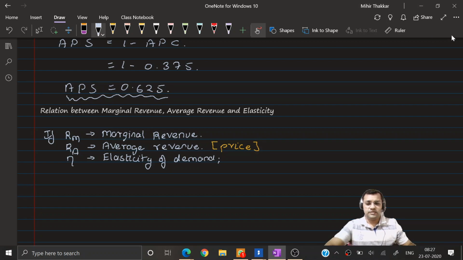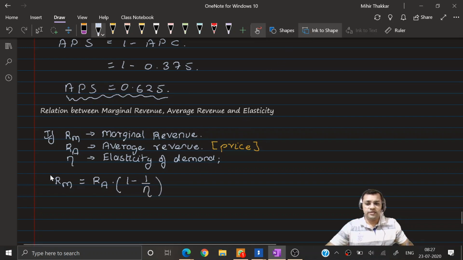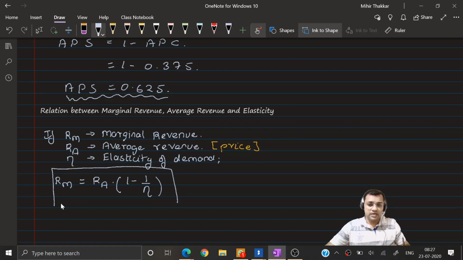then in that case, RM is equal to RA into 1 minus 1 upon elasticity. This is a very important formula based on which sums are asked in almost every year's exams for 2 marks.